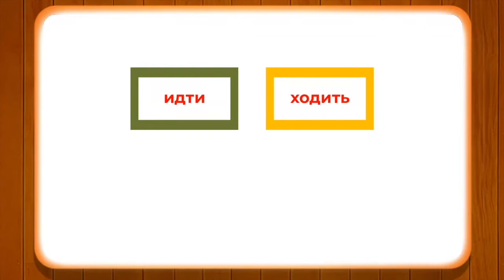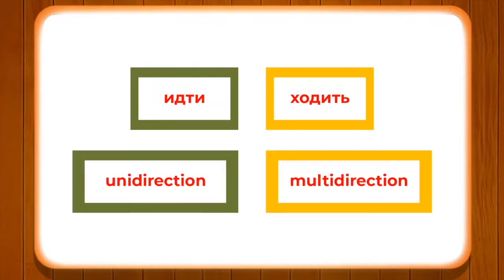So, as we know, verbs of motion are basically verbs which define movement, and we have different kinds of verbs depending upon the context and situation in which we use them. We started our discussion with idti and khodit, which mean unidirection and multidirection.